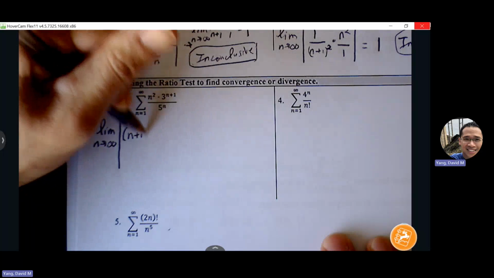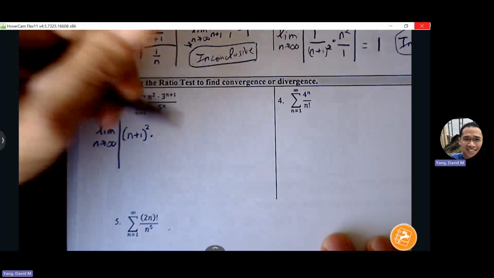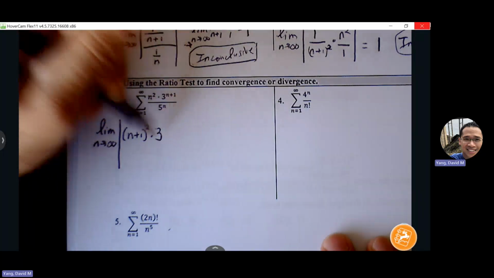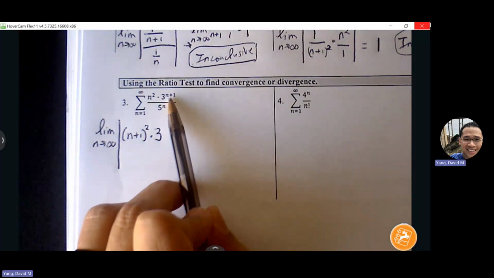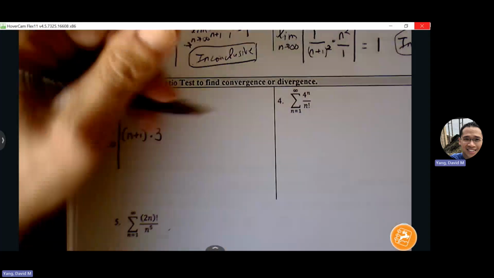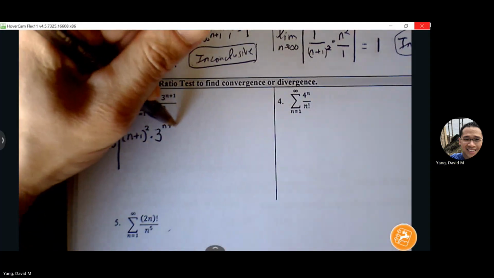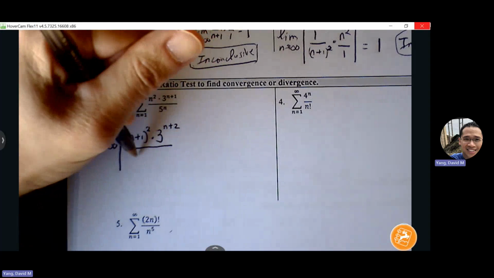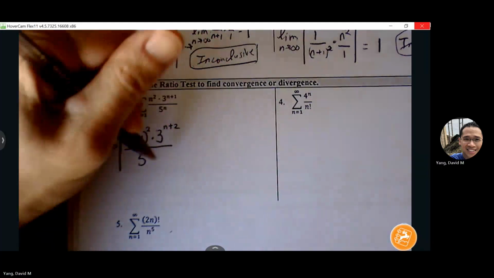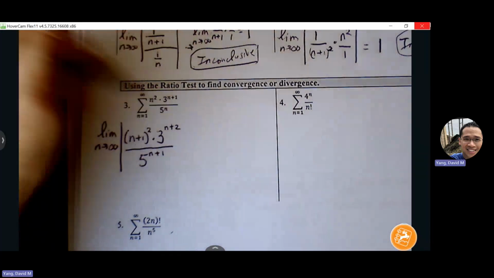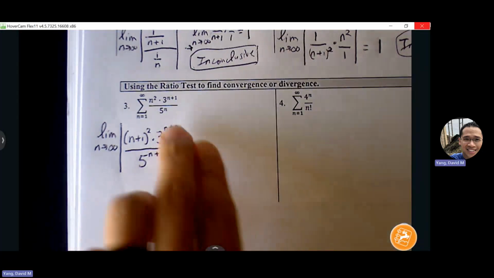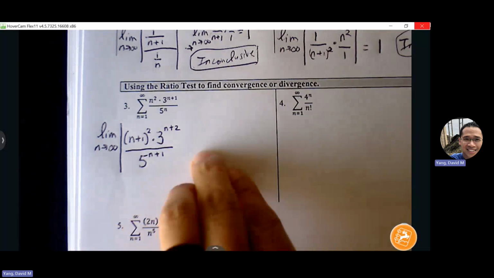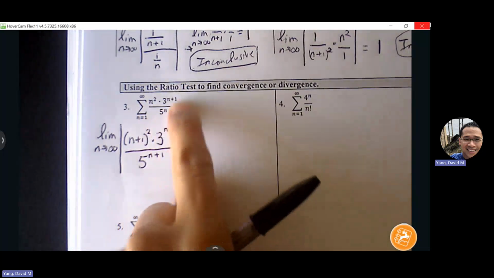N plus 1 squared. 3 to the n plus 1 becomes what? n plus 2, right? The n becomes n plus 1, and n plus 1 is n plus 2. And then the 5 to the n becomes 5 to the n plus 1. Now, technically, we're dividing this by a sub n, but we're always just going to make it easier on us. Let's skip a step here and just multiply by the reciprocal.